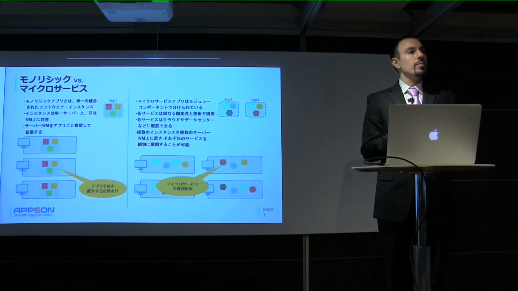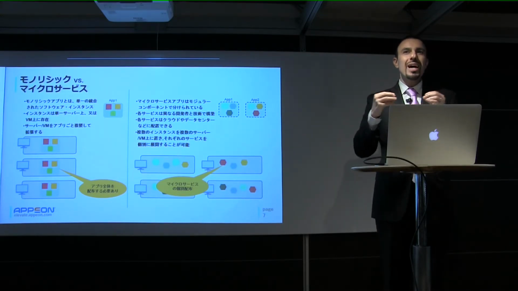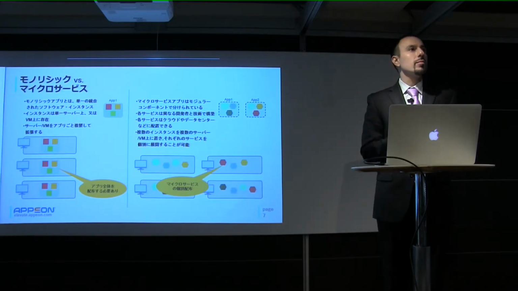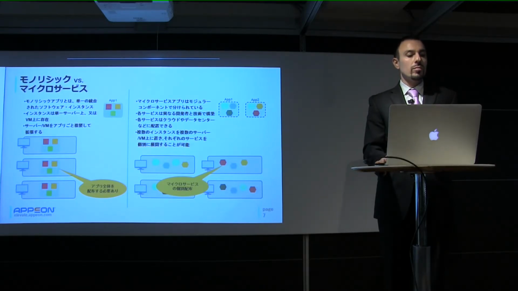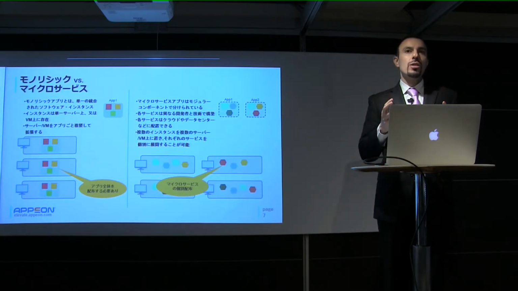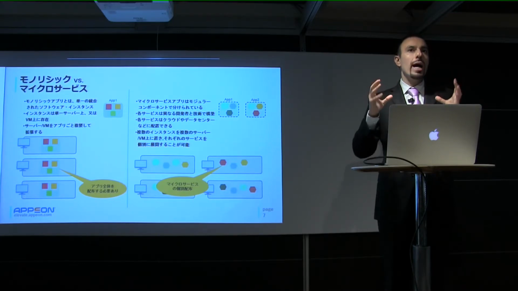But those modules are tightly coupled. So what that means is when you deploy your application, you're usually not able to deploy a module independently. You deploy the whole app.